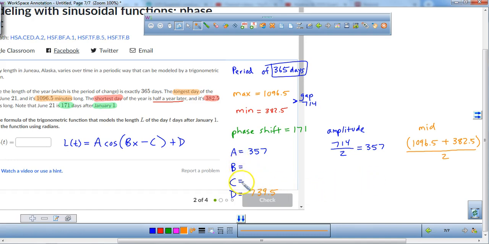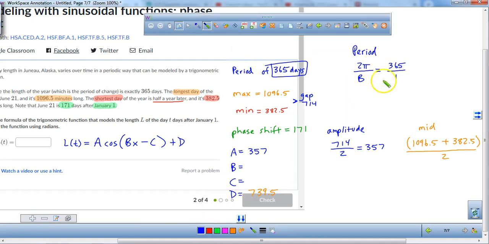All we've got to find is our B and our C value, and we will write everything in. I'm going to try to find a little bit easier way for you guys to figure this out. So just remember, the period will always equal 2 pi divided by B. They've given us the period, which is 365 over 1.